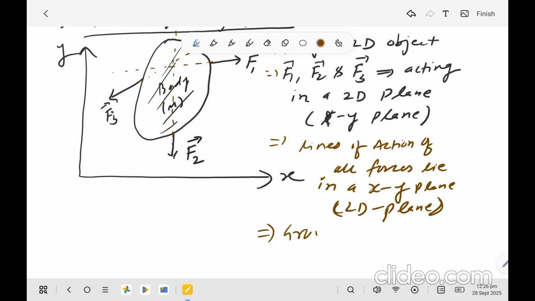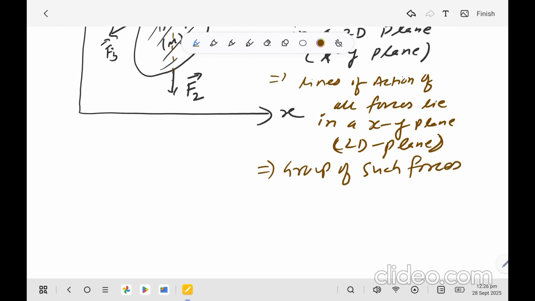So the group of such forces is called a coplanar system of forces.